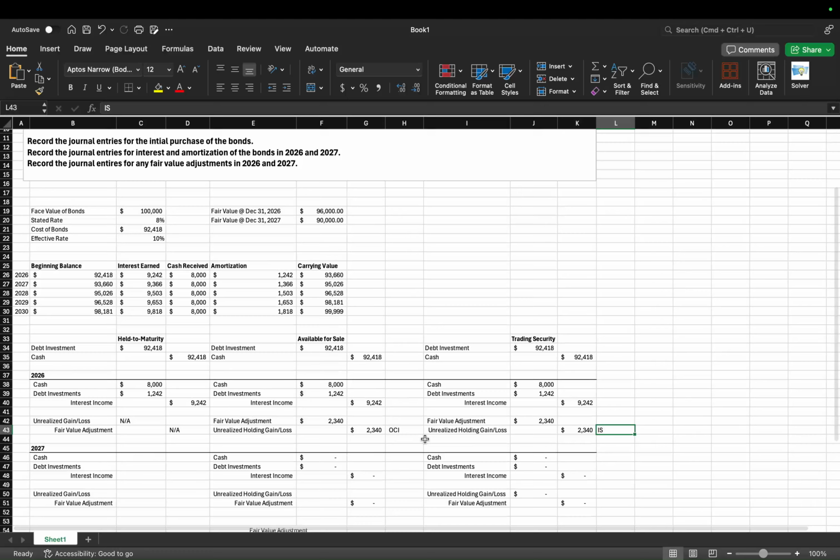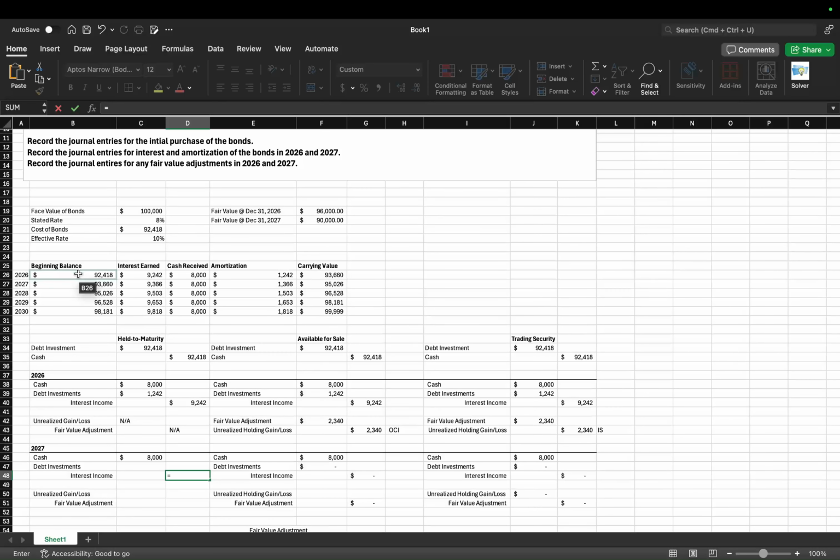And so then moving on to 2027, we're gonna do the exact same thing here. We're gonna recognize our cash received from our coupon payments. So we're gonna take the face value of the bonds times the stated rate of the bonds. And then for the interest income, remember I was saying these two numbers are the same, but that's just because it was the first year.